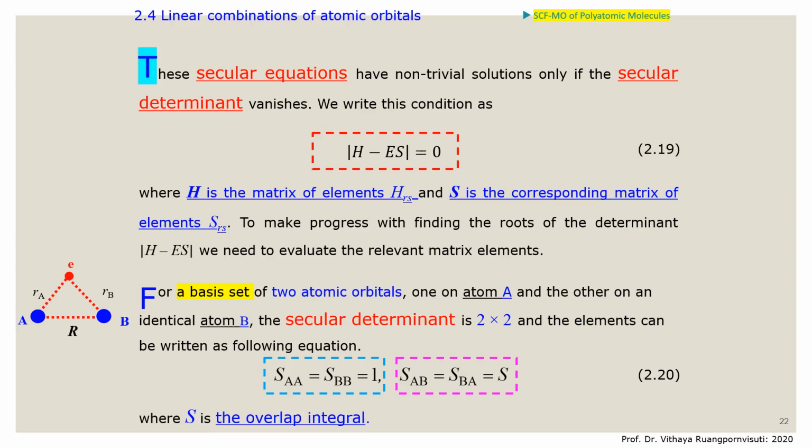SAB equals SBA equals S, where S is the overlap integral.